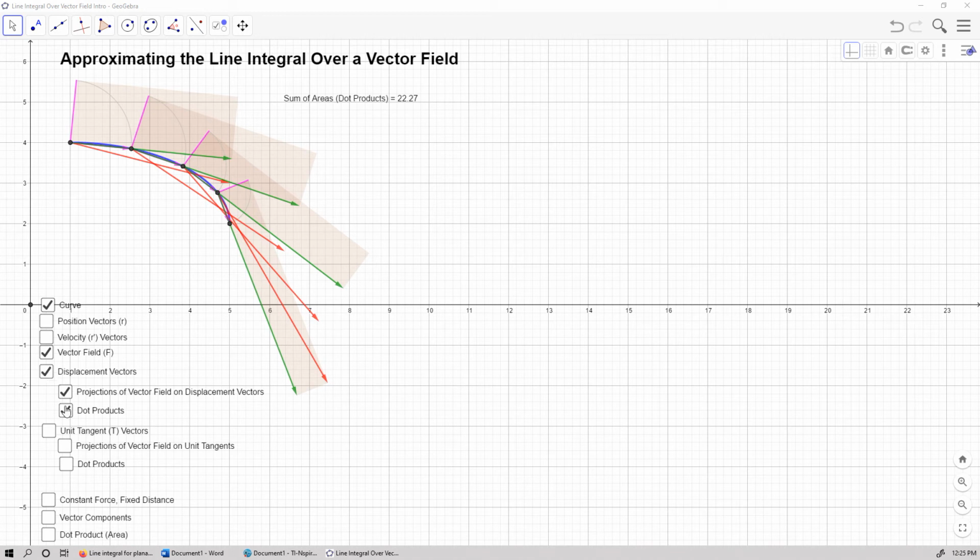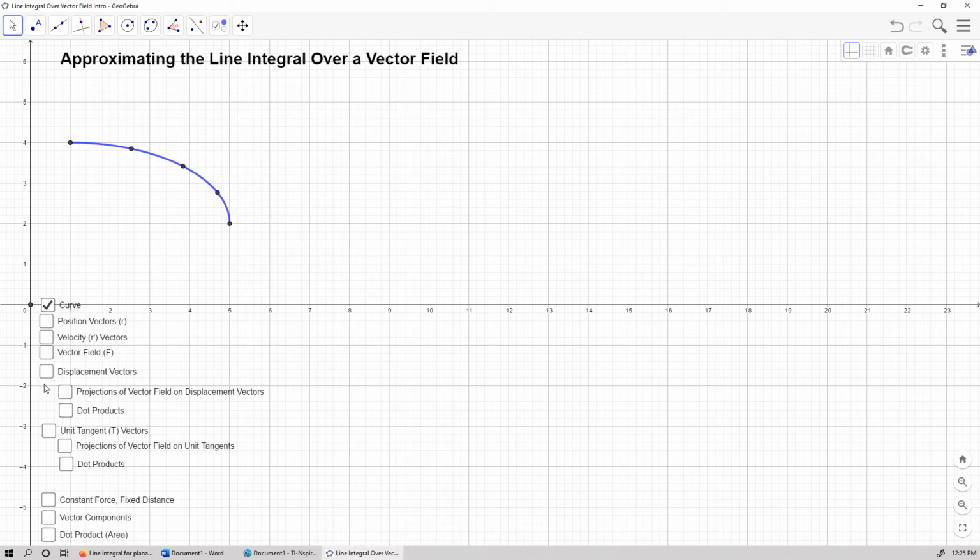So let's hide a few things here. There's our curve. And so let's take a look at this a minute. Here are the position vectors. If you take the derivative of that function, you get r prime, which is the velocity vectors. And so I'm going to evaluate those at the 4 points, which are the beginning of my 4 intervals.